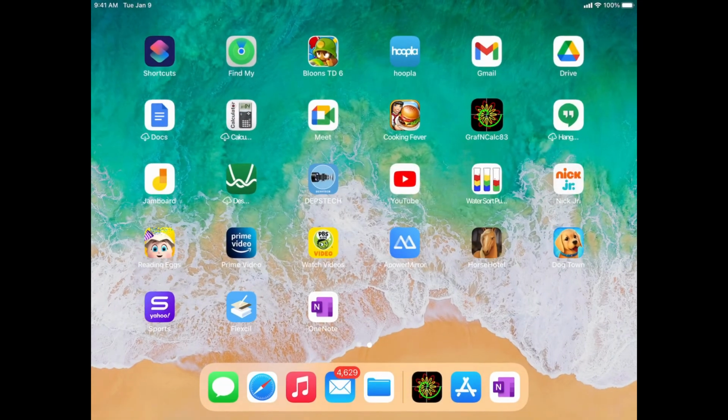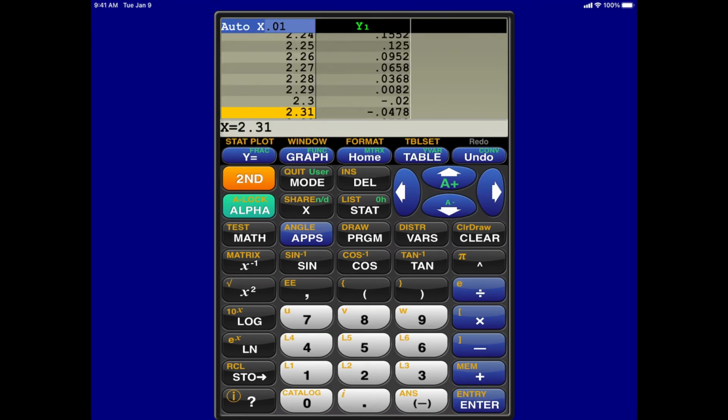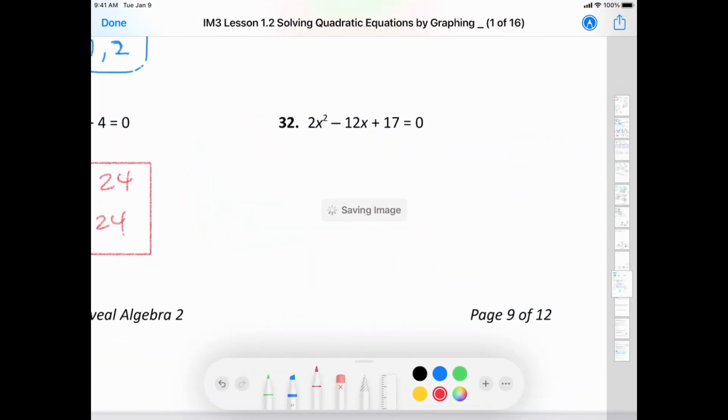Let's try around 2.3. So second table set, 2.3, table, and we were pretty spot on, right? Between the negatives and positives there, 0.0082 and negative 0.02, I have around 2.29.